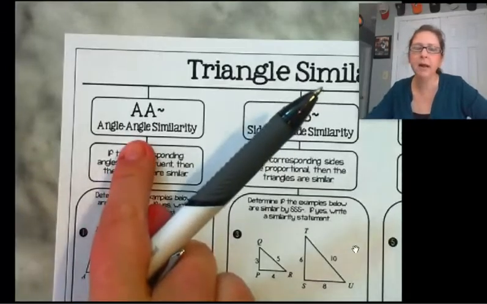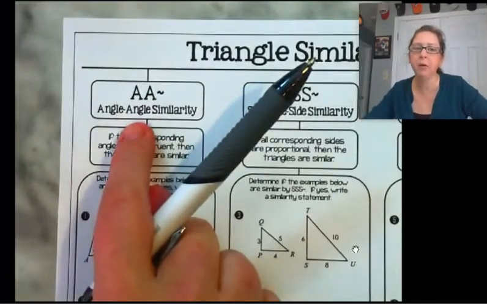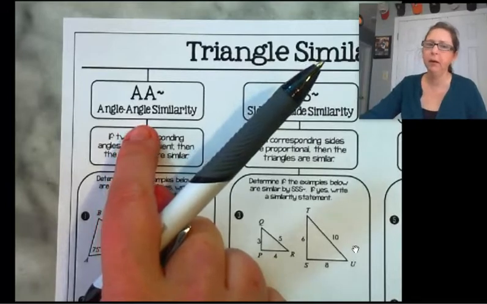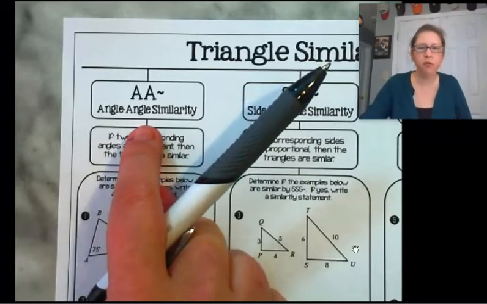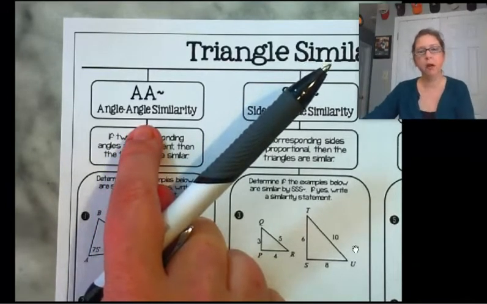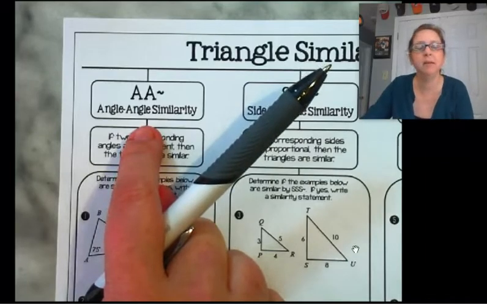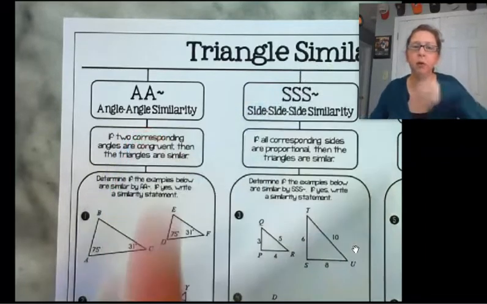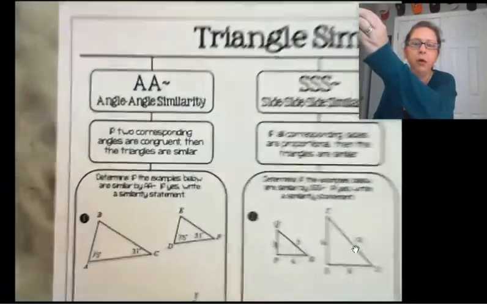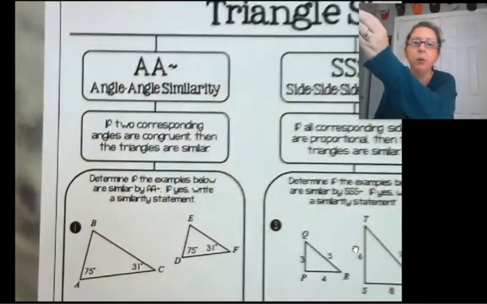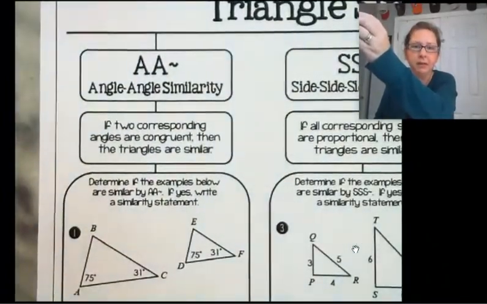And now, remember, we could never have an angle, angle, angle congruency. We did discuss that just because 3 angle measures of a triangle might be congruent doesn't necessarily mean that the side lengths will be. So we couldn't write a congruency statement, but now we will be able to write a similarity statement.